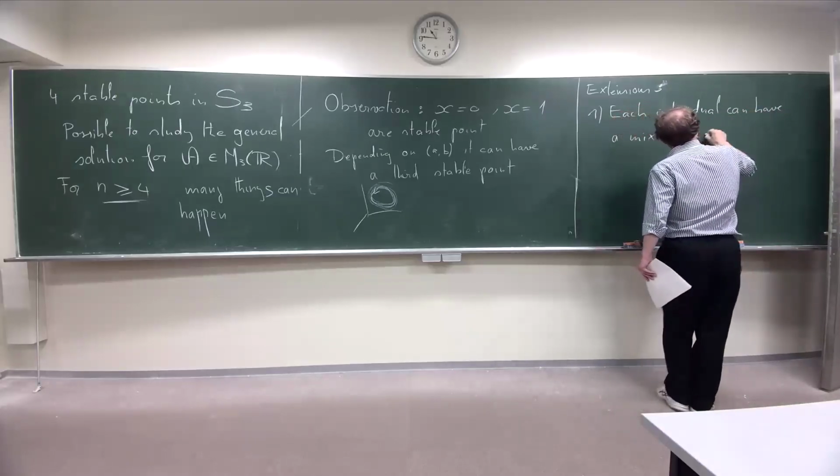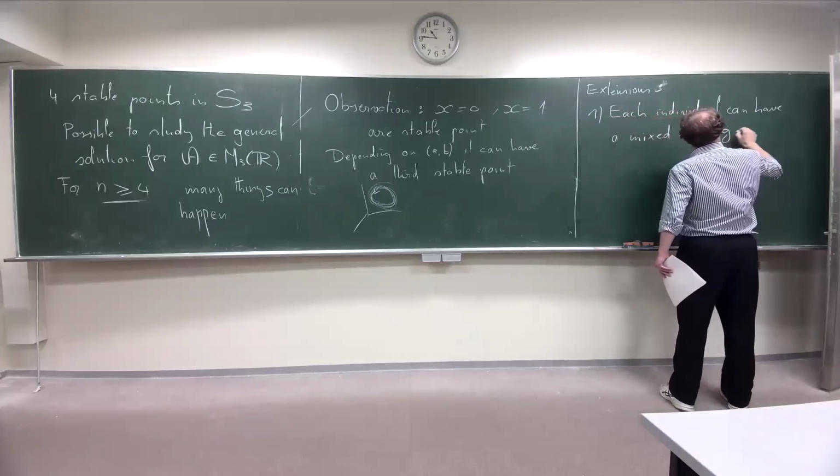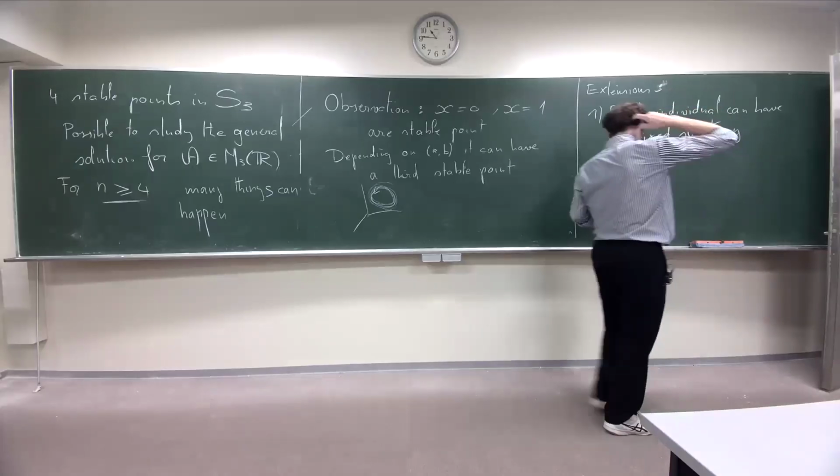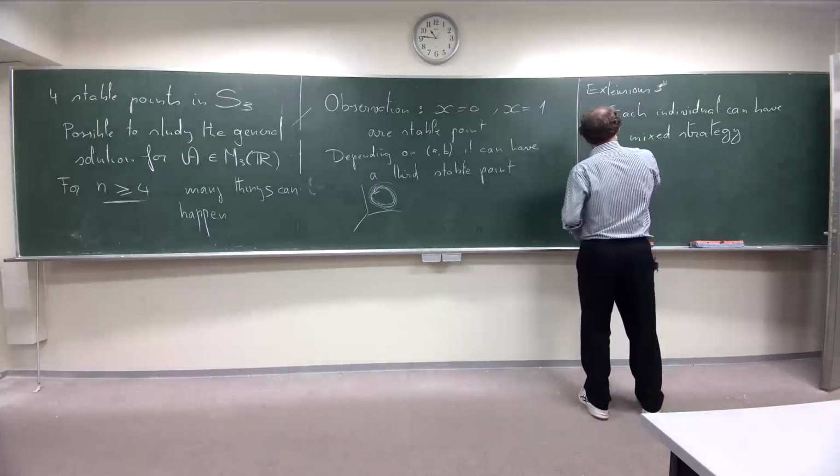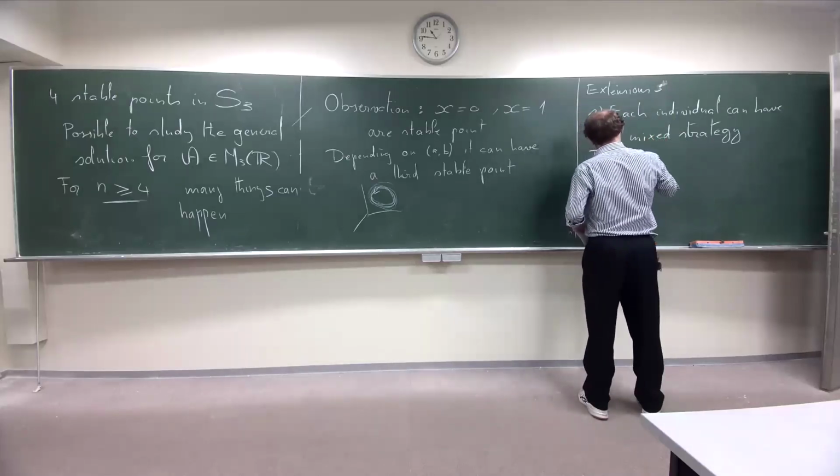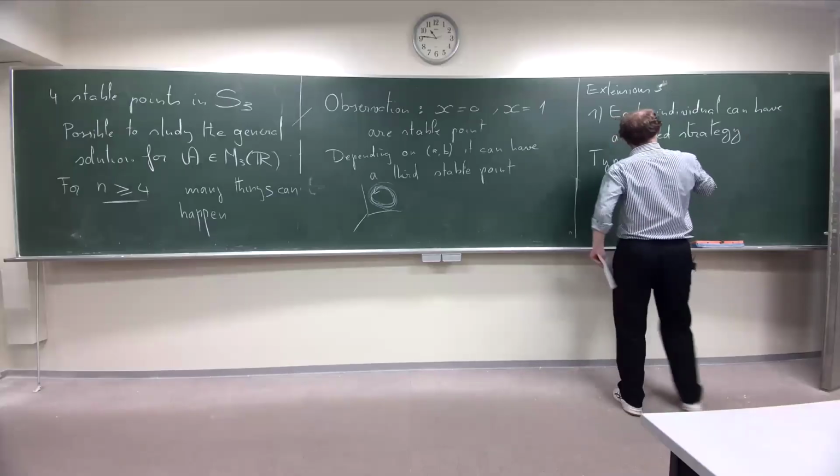So it means I need now two different numbers or two different things. So I need the type of the individual.